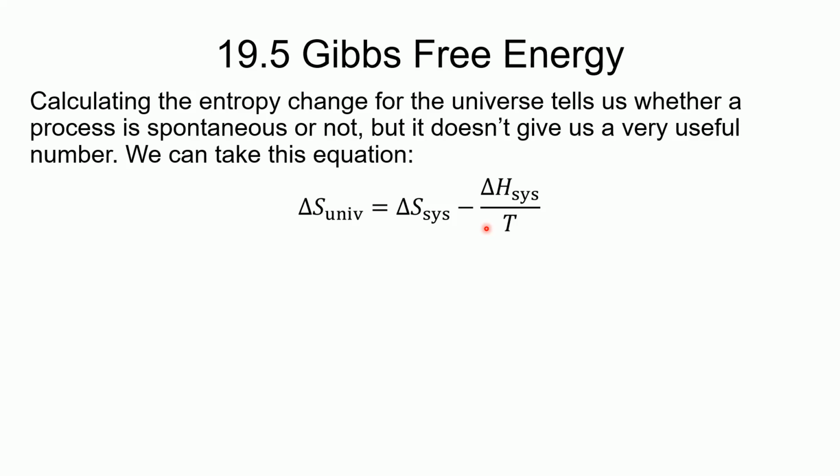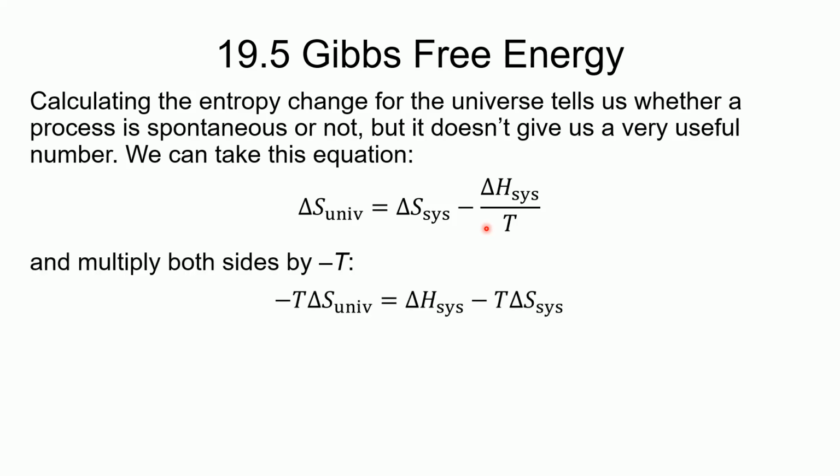We're going to multiply both sides by negative T. When we do that, we get negative T delta S of the universe is equal to delta H of our system minus T delta S of our system. What's great about this is that we've got the universe defined in terms of our system, and this negative T delta S is now an energy term, not an entropy term. And that will make all the difference.